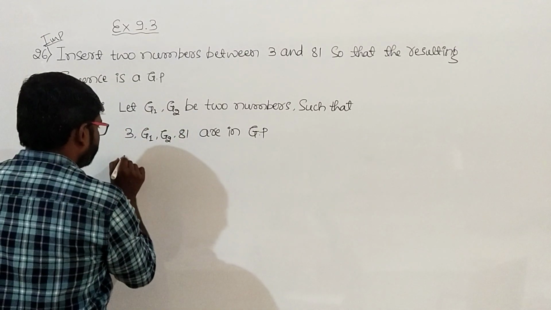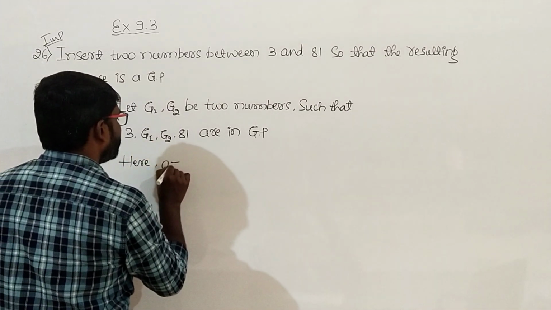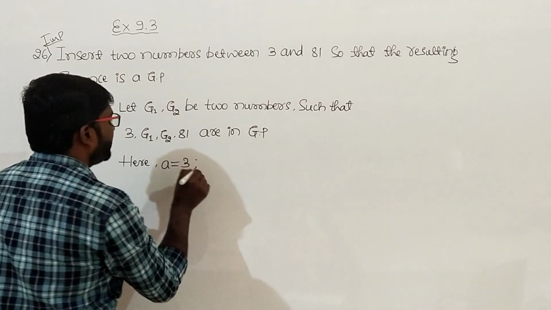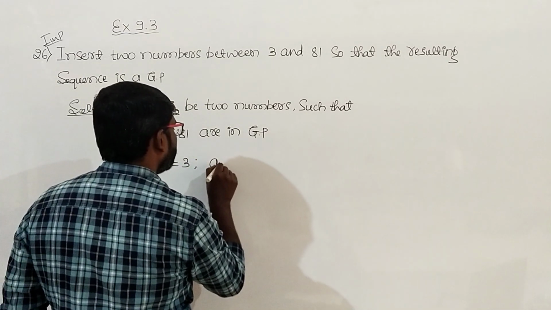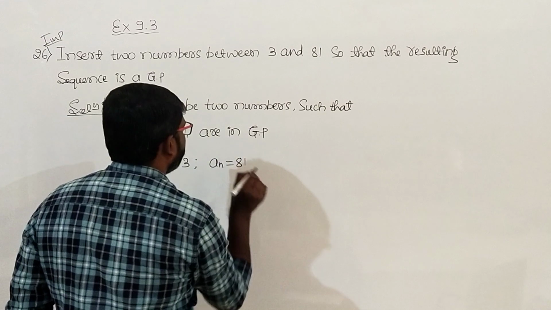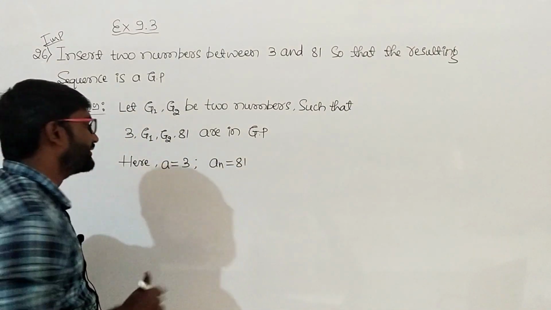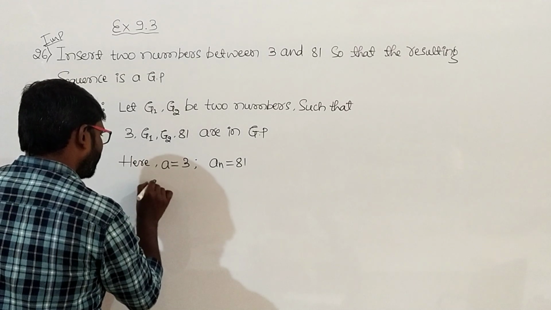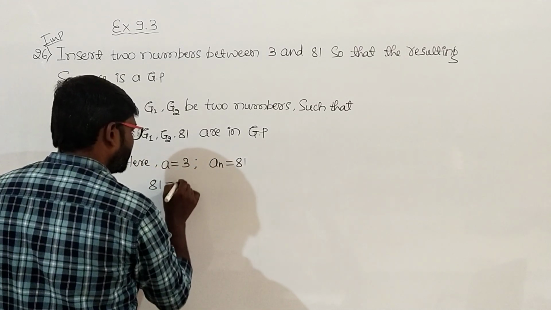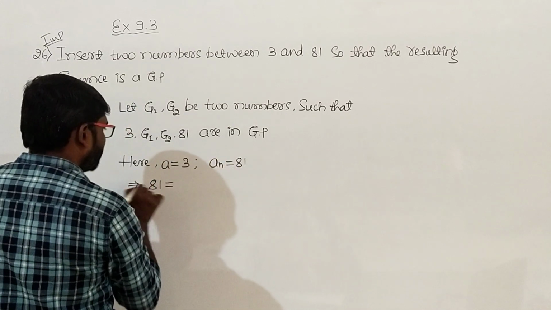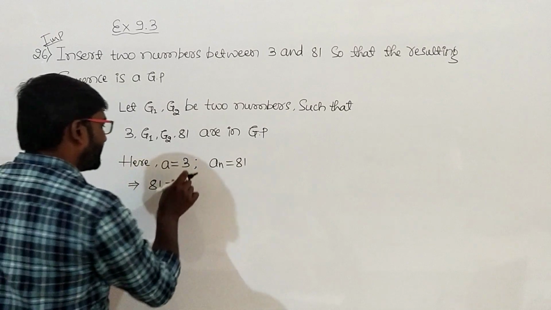So here a equals 3, and the nth term an equals 81. What is the nth term of a geometric progression? a into r raised to n minus 1. So 81, which equals an, equals a into r raised to n minus 1, that is 3 into r raised to n minus 1.